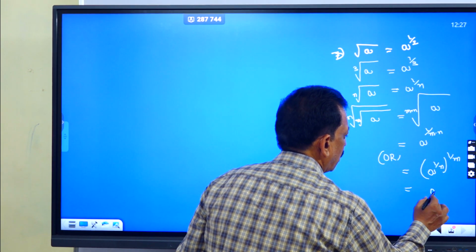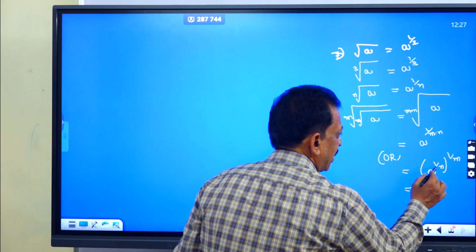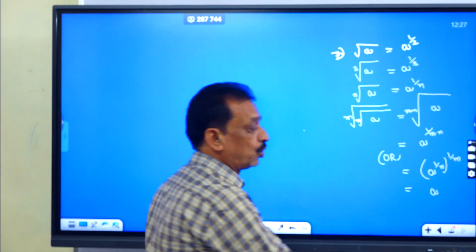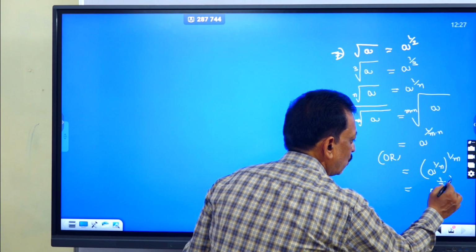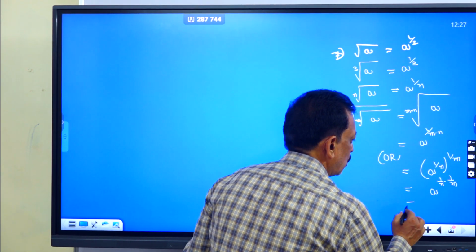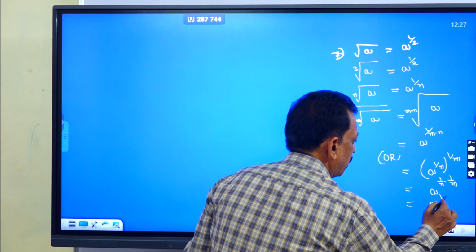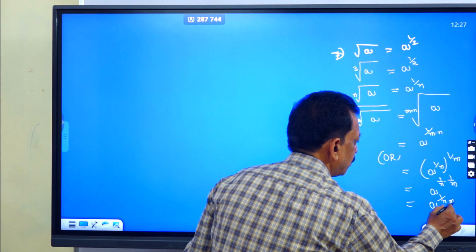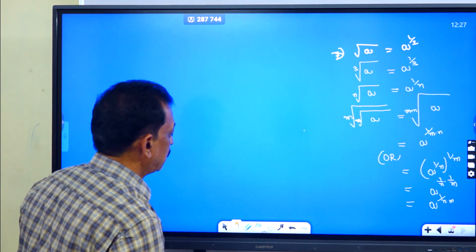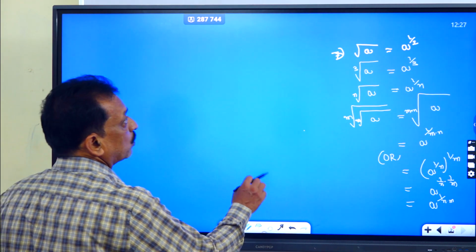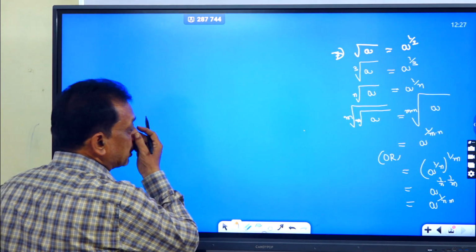So a to the power of n whole to the power of m formula, that is equal to a to the power of n into m. So 1 by n into 1 by m. So that is equal to a to the power of 1 by n into m. Understanding?